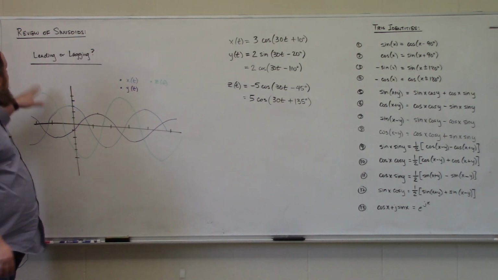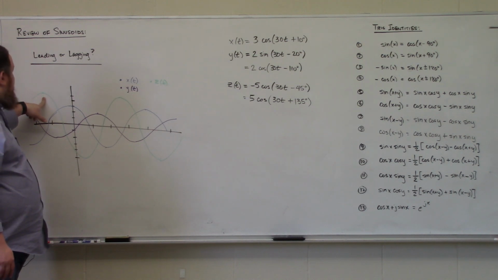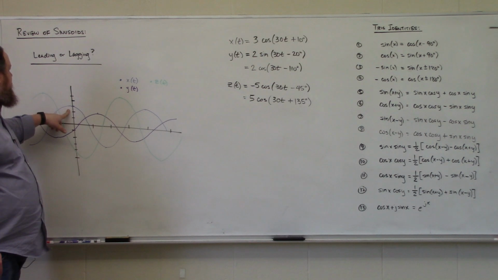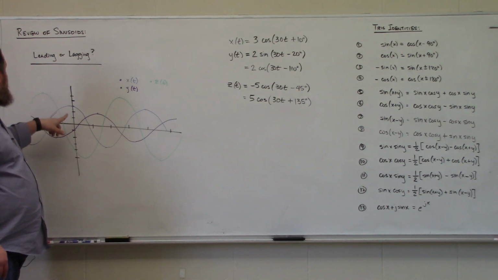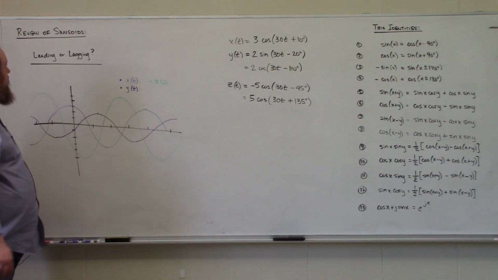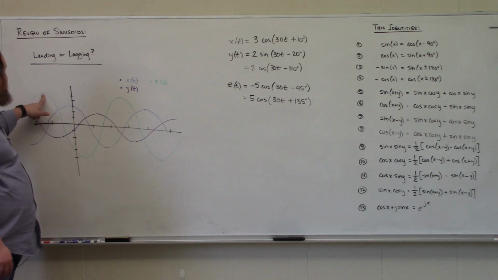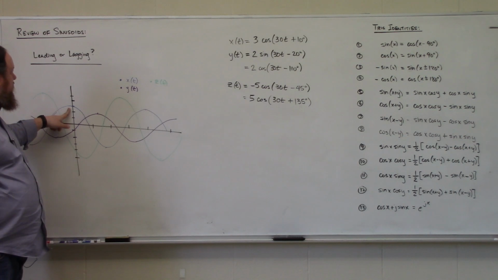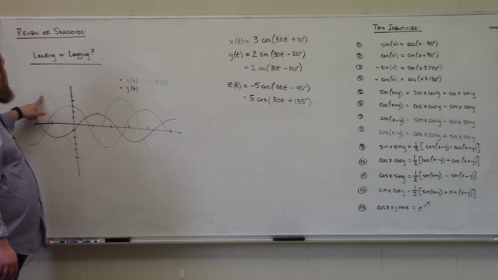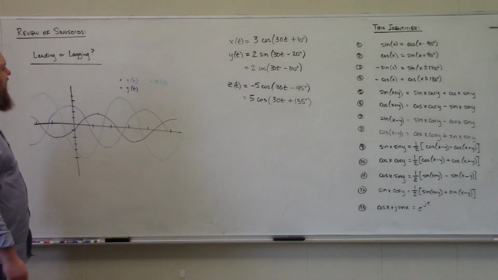So we can say that z of t is leading x of t. Our green curve is leading our blue curve because the positive peak of the green curve occurs in time earlier than the blue curve. And it's going to lead by the difference of the angles.